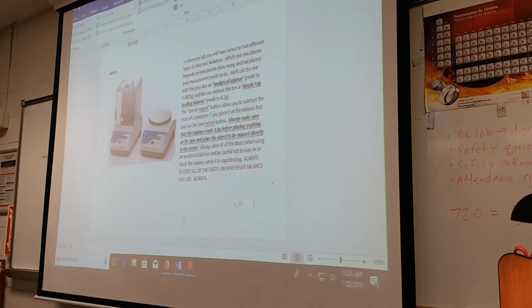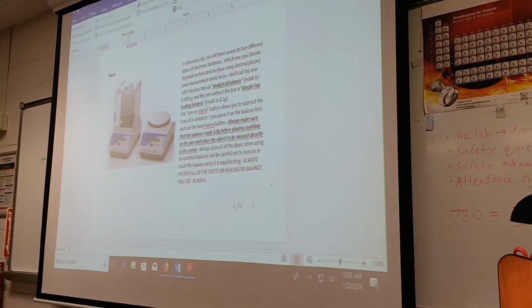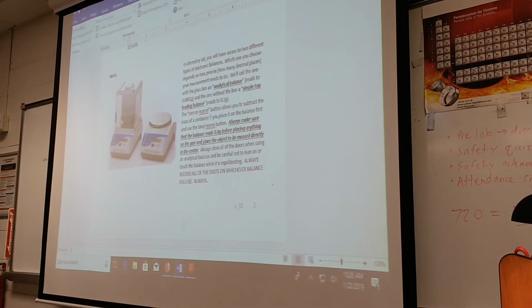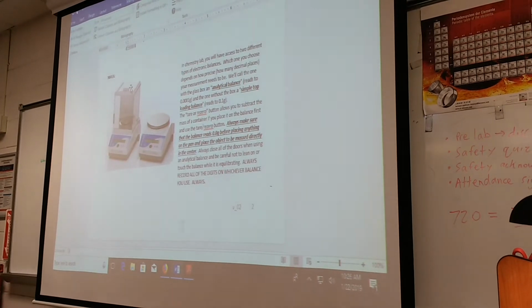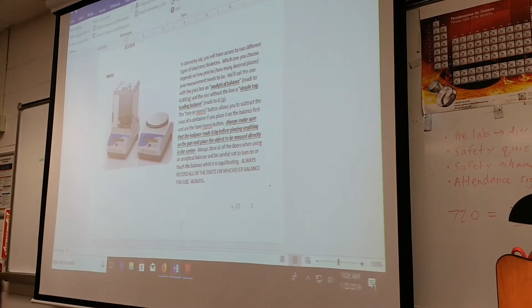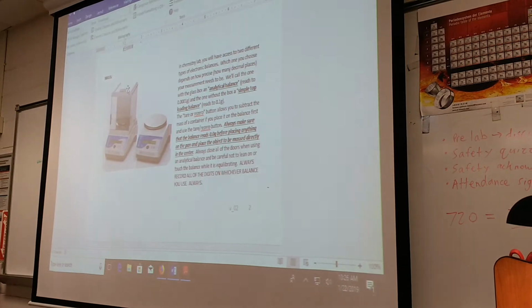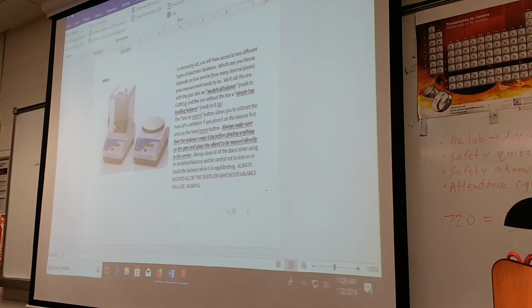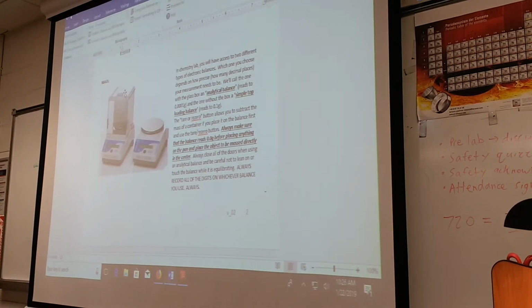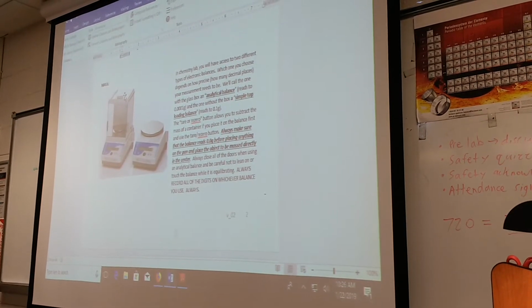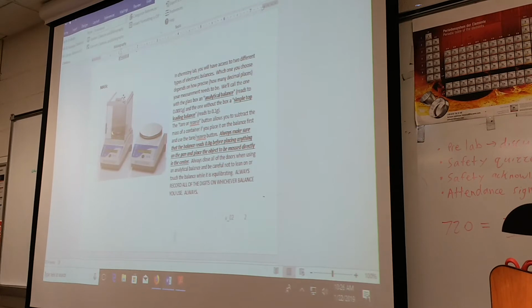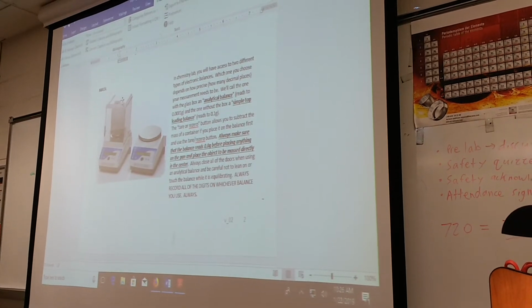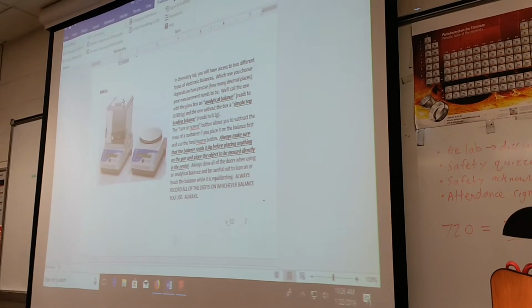It gives you up to 4, and if we are lucky, we can get the 5th digit. This one here can be 6, 7, even 8, depending on what type of analytical balance, which is really a research balance, the left one, correct? So we have two balances, and this is the picture here.